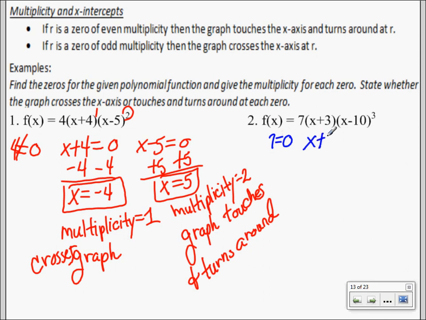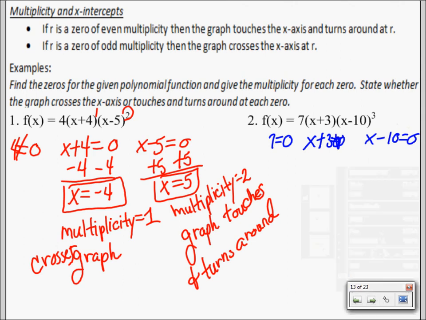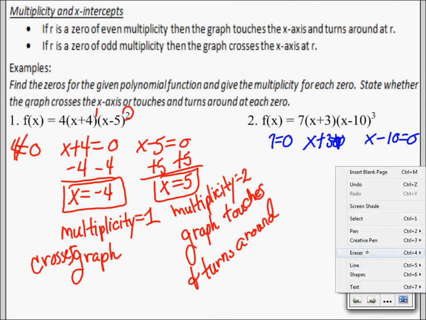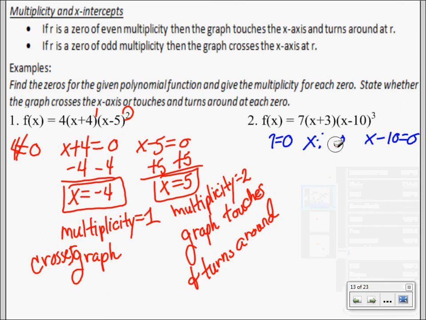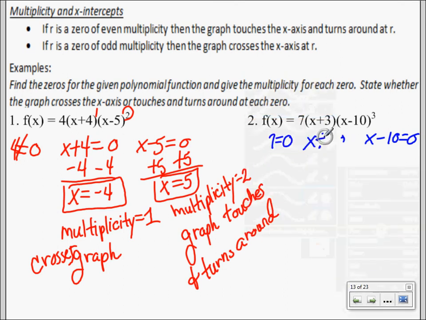So 7 equals 0, x plus 3 equals 0, and x minus 10 equals 0. Let's clean this up real quick.